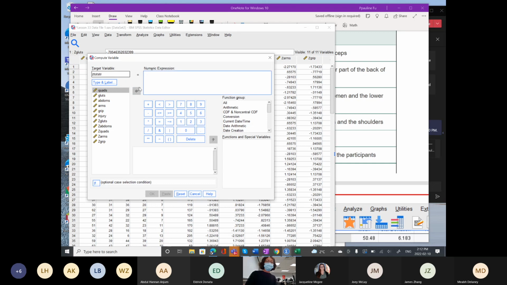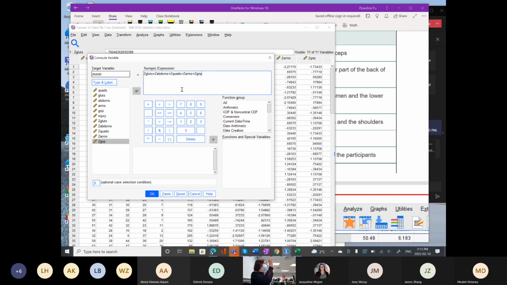And this variable would be all of these added together. You see the Z value, this Z value plus the next Z value plus Z value plus Z value plus the last Z value.